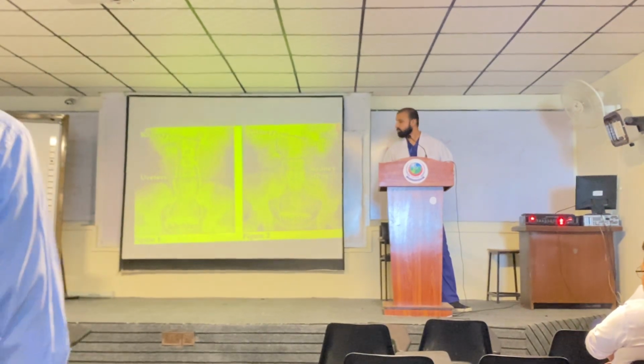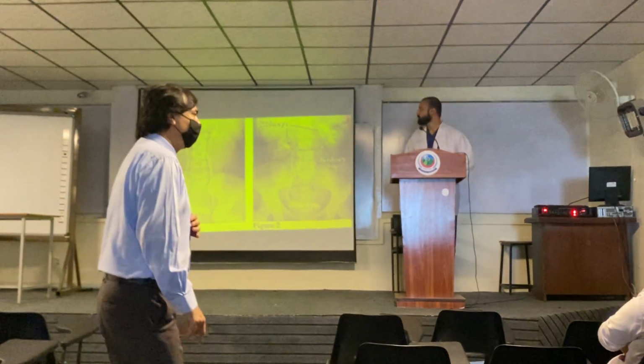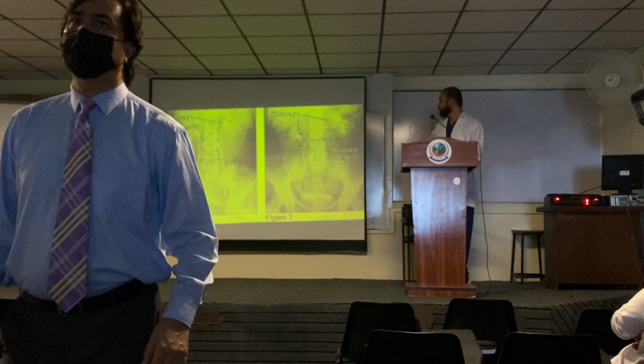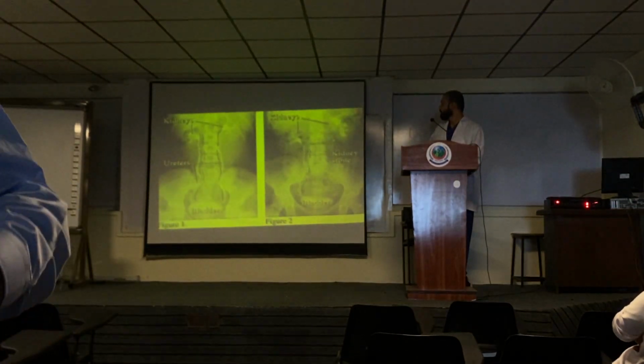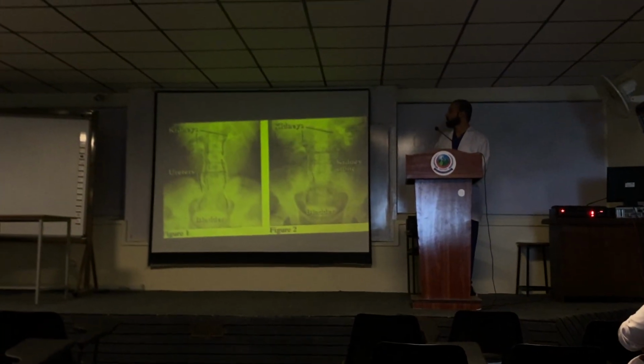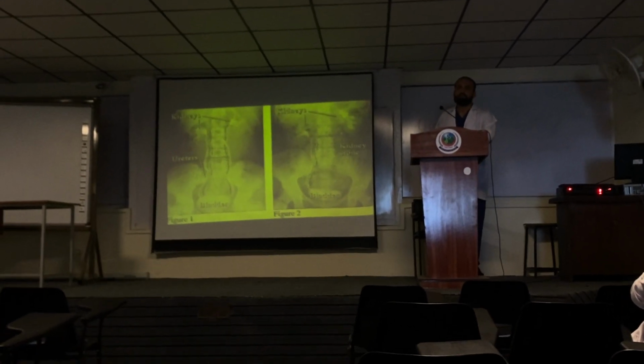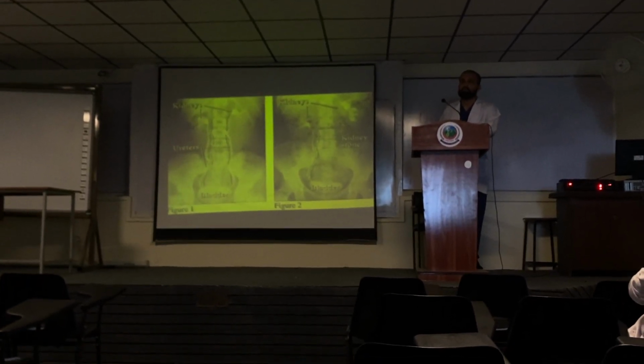And if you want to see whether the urethra is obstructed or not, what will you do? Normally the urethra cannot contain urine when you are resting. It's not possible.